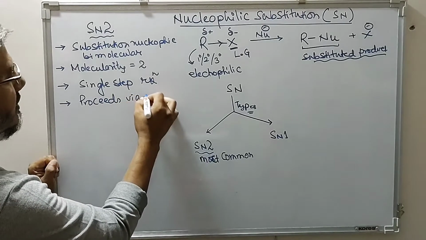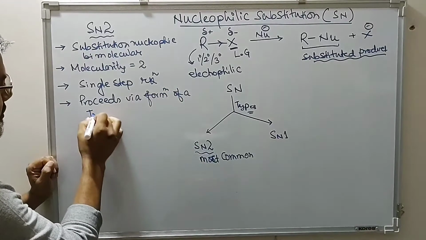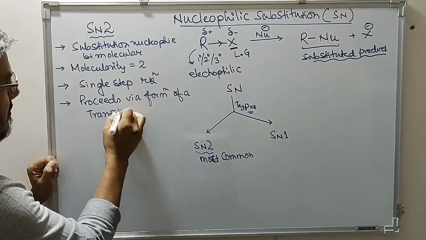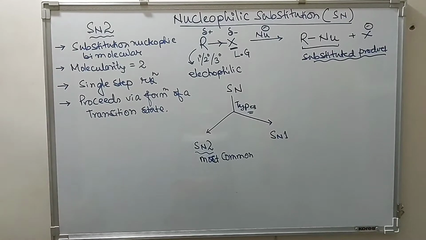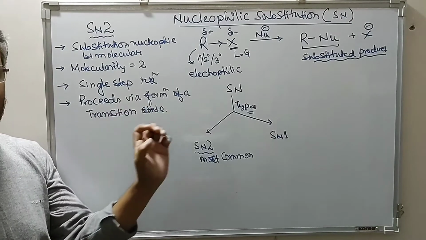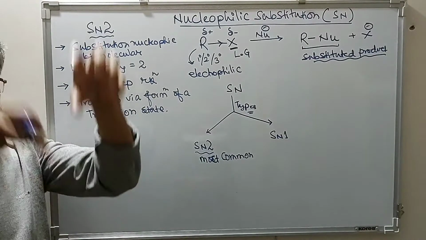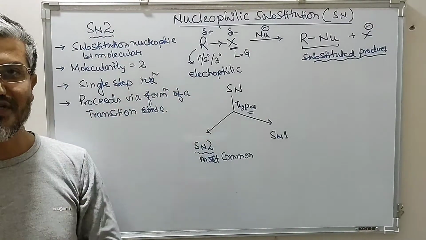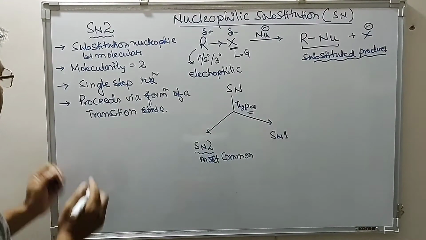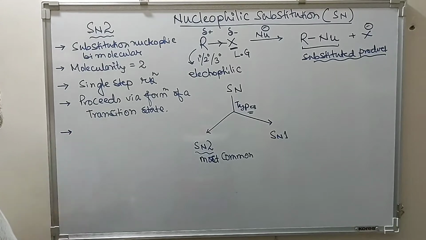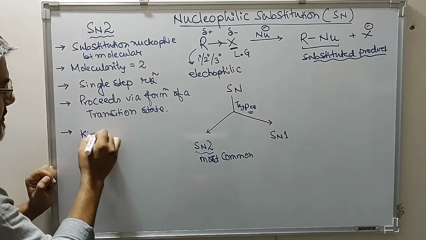Whenever we have an SN2 reaction, the reaction always proceeds by formation of a transition state. Transition state means a state which is assumed to occur, but it cannot be isolated from the reaction mixture and its properties studied. So this is the meaning of transition state. Now, for this SN2 reaction, the kinetics of the reaction.